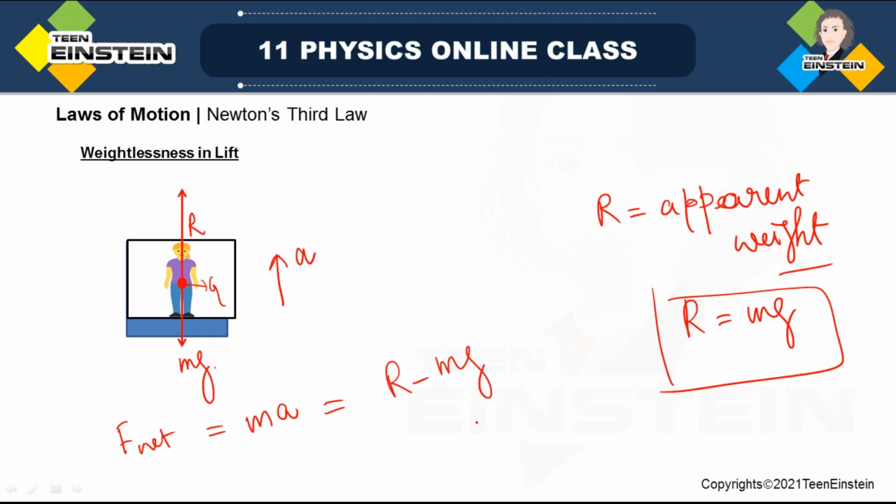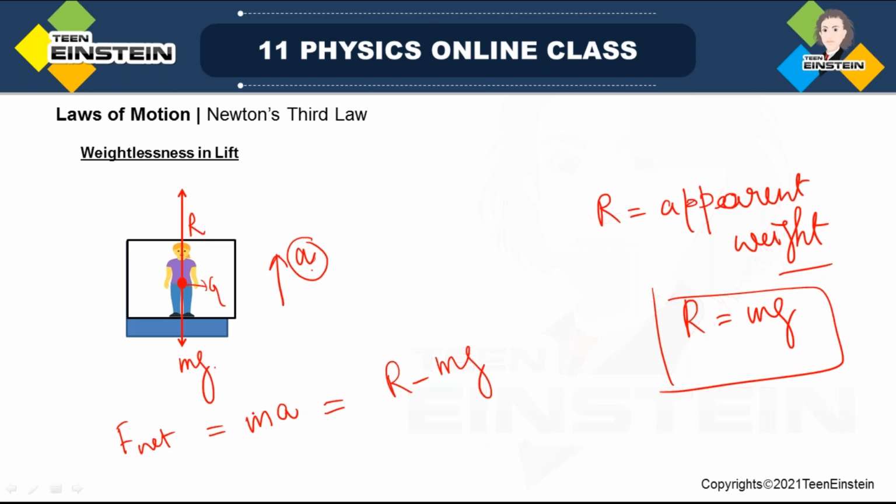When the lift is moving upward with an acceleration a, and the man is inside, the acceleration of the man also will be the same.